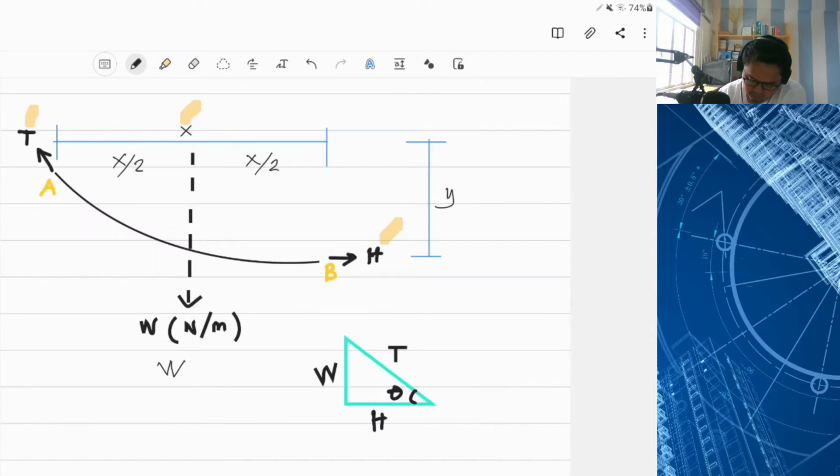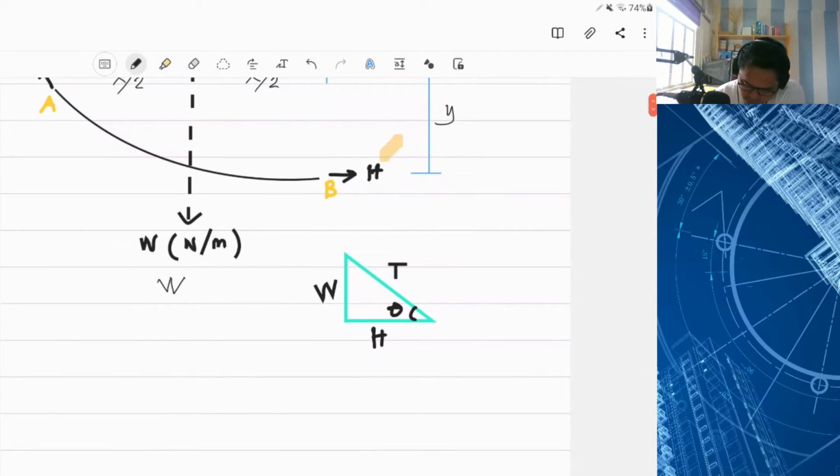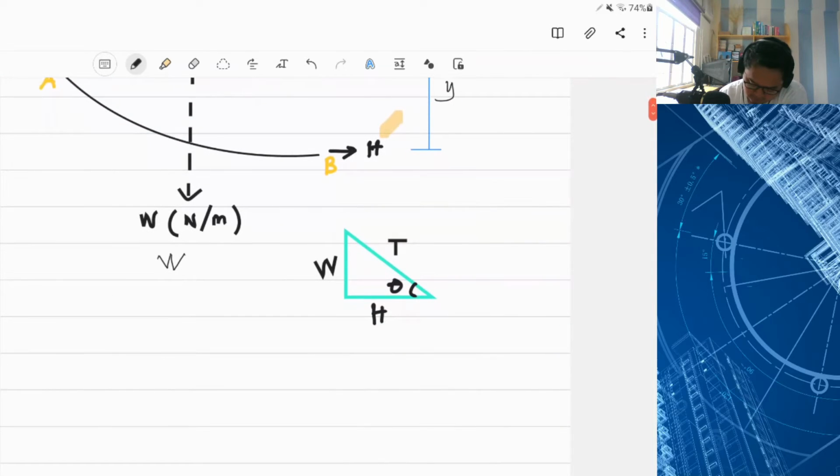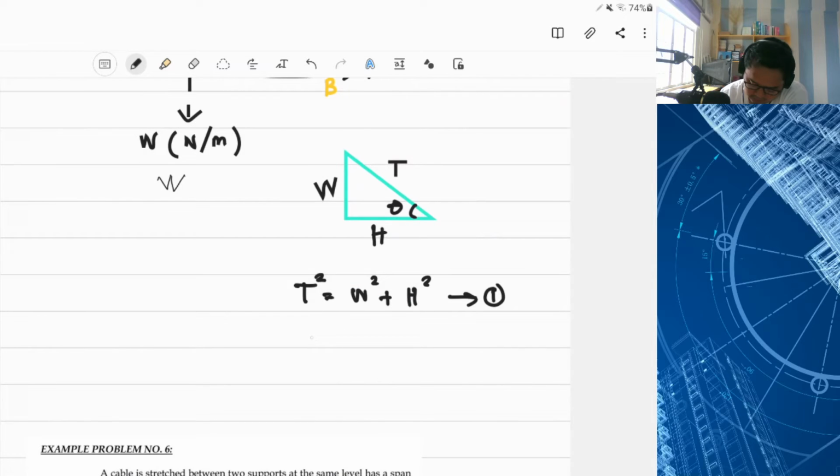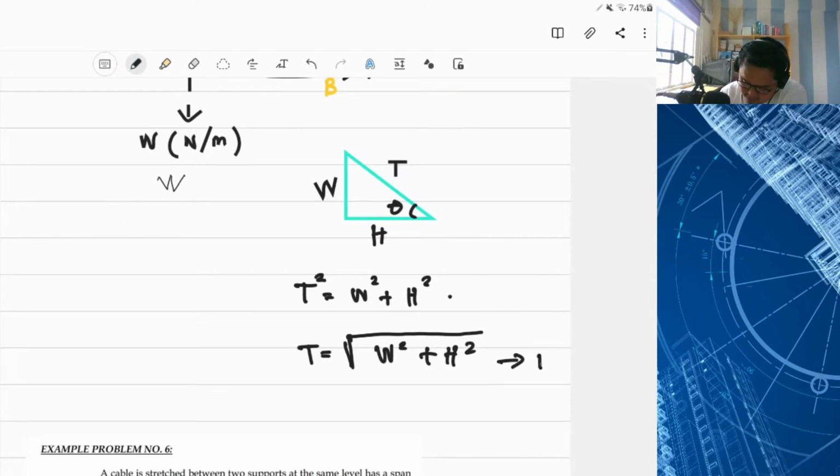So we can now have the equation for the tension along the cable: T squared equals W squared plus H squared. This is our equation 1. Or I can rewrite this as T equals the square root of W squared plus H squared.